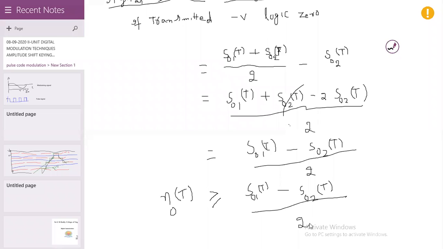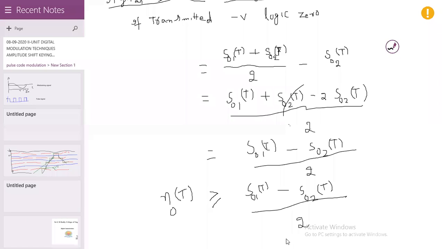So here we can substitute. Your transmitted is a negative, but output N naught of t is greater than S naught 1 of t minus S naught 2 of t. Okay, N naught of t is greater than or equal to... but here we can transmit the negative voltage.